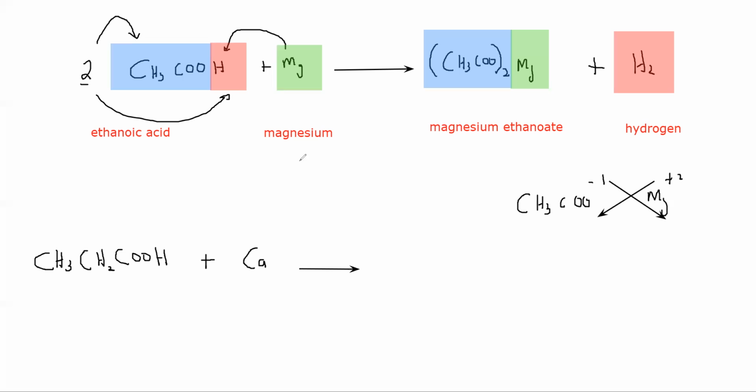So this CH3CH2COO is minus, and calcium is group 2, so it will be plus. So what will be the product? It will be (CH3CH2COO)2 Ca plus hydrogen as a gas. Then we try to balance it. So we'll balance in the same manner like CH3COO.